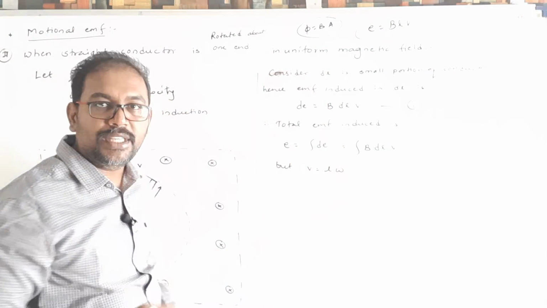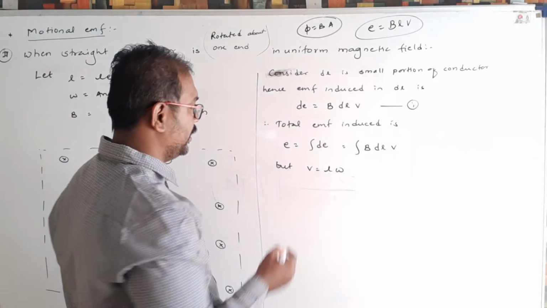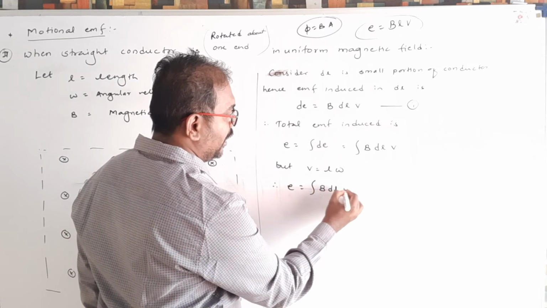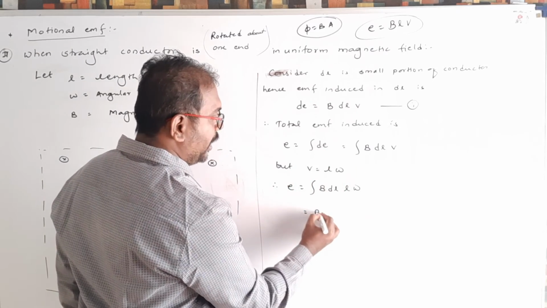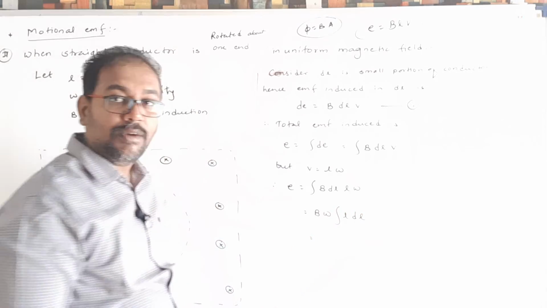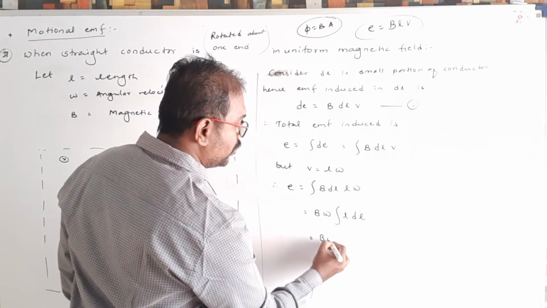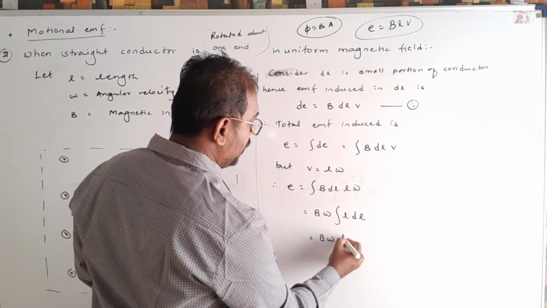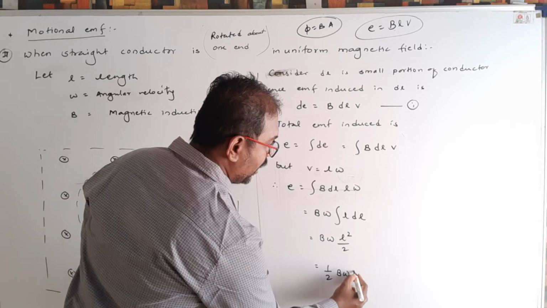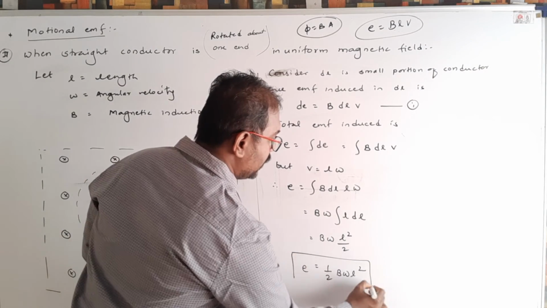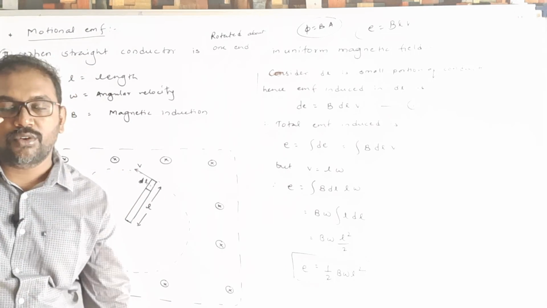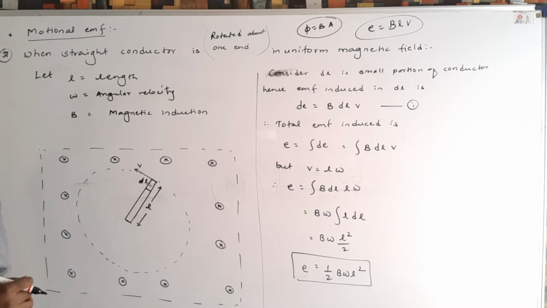Hence E is equal to integration of B dl L omega. Now B is constant, omega is constant, take them out. Integration of L dl is L square by 2. So B omega L square by 2. So we get the formula 1 by 2 B omega L square, and this is the EMF induced in this conductor which is rotated about one end in uniform magnetic field.